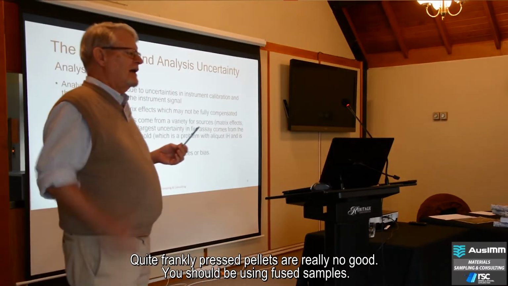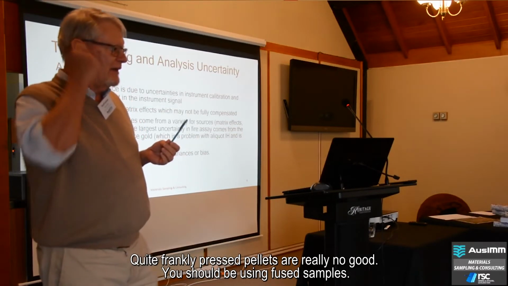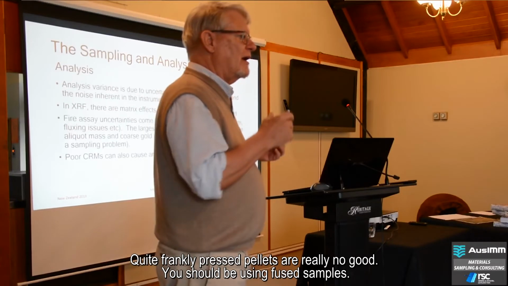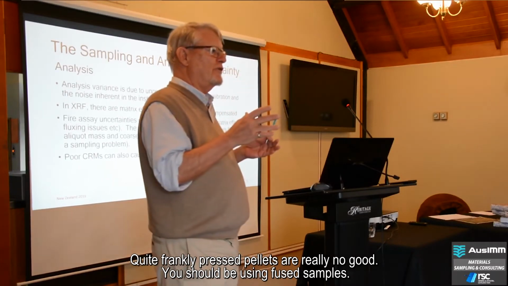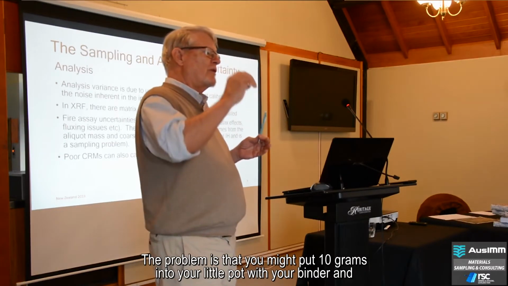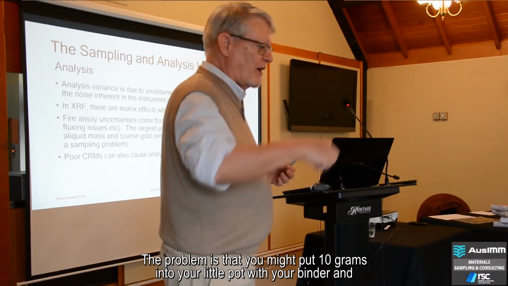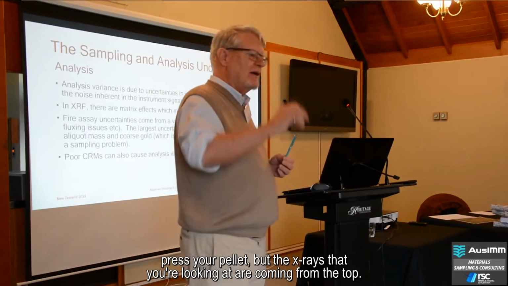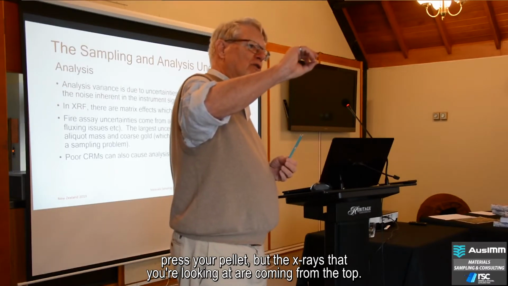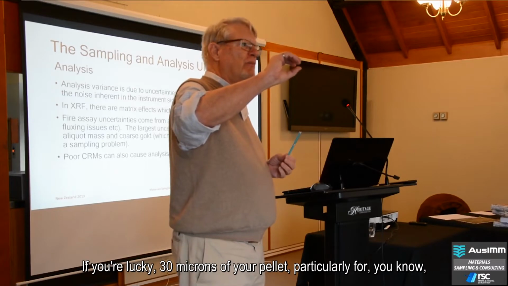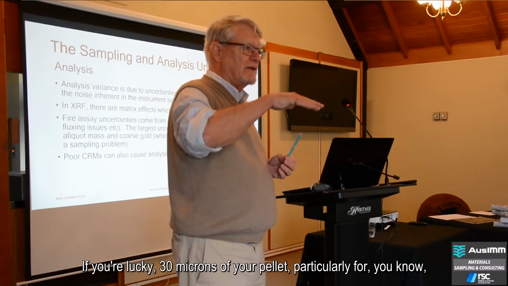Quite frankly, pressed pellets are really no good. You should be using fused samples. The problem is that you might put 10 grams into your little pot with your binder and press your pellet, but the X-rays that you're looking at are coming from the top, if you're lucky, 30 microns of your pellet.